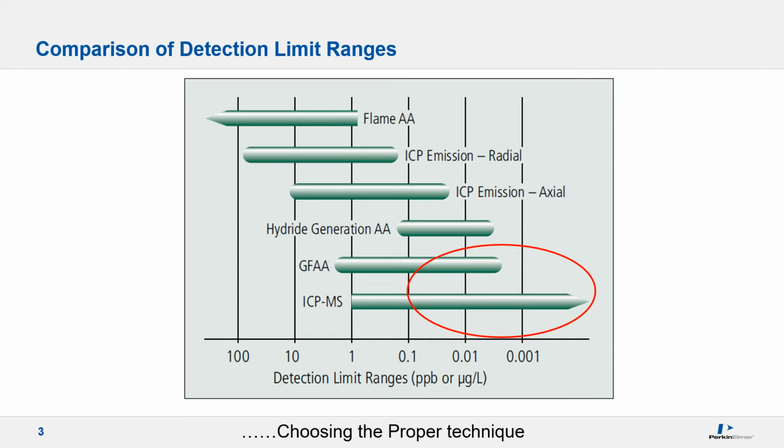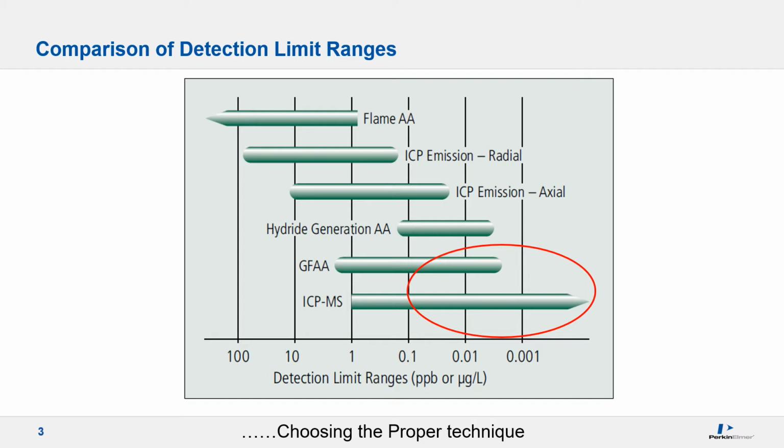Let's take a more focused look at the detection limit capability, with particular emphasis on graphite furnace, the focus of today's talk. Notice that graphite furnace is the closest technique to ICP-MS detection limits, so that before ICP-MS technology received analytical approval from the various regulatory agencies and design improvements lowered the initial cost of investment over time, a graphite furnace and an optical ICP were very complementary techniques and often seen in most laboratories.